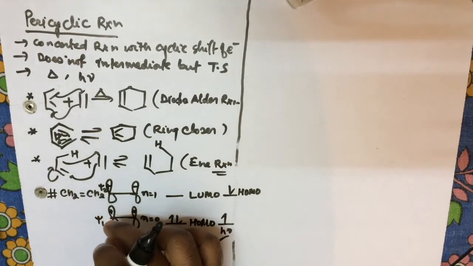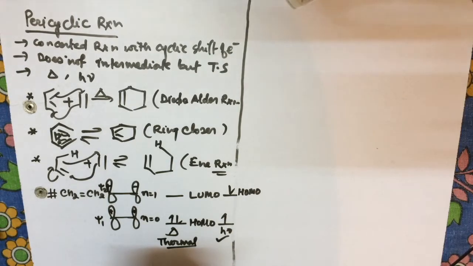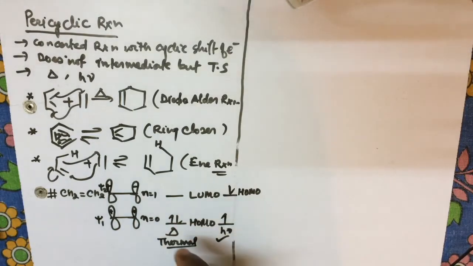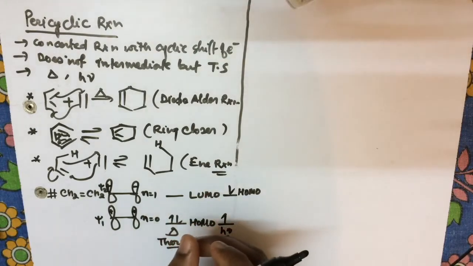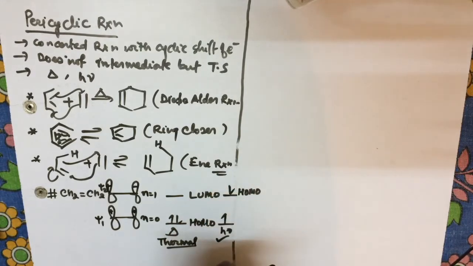For 1,3-butadiene, we draw the 4 energy levels, psi1, psi2, psi3, psi4, and we fill the 4 electrons, because there are 4 pi electrons in total. In the excited state, meaning in h nu condition, 1 electron goes to the highest energy state and becomes HOMO. So like this, some basic introduction about pericyclic reactions.